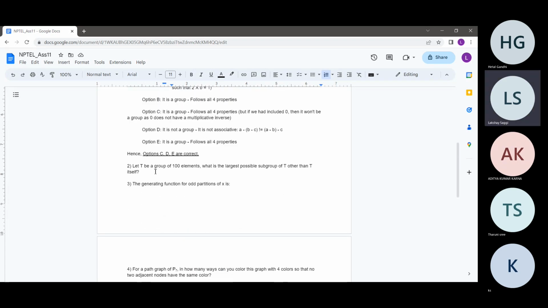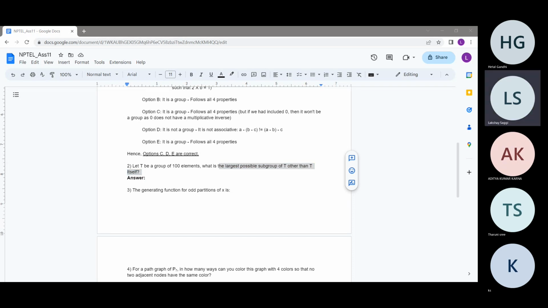So now let's come to the second question then. The second question is asking, let T be a group of 100 elements. What is the largest possible subgroup of T other than T itself? Would you guys like to answer this question?